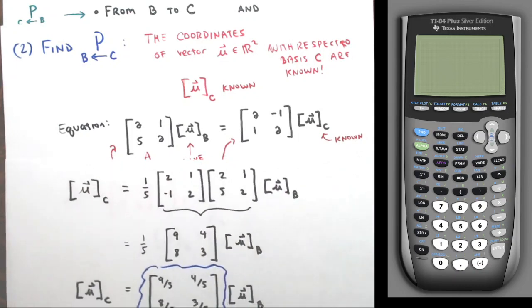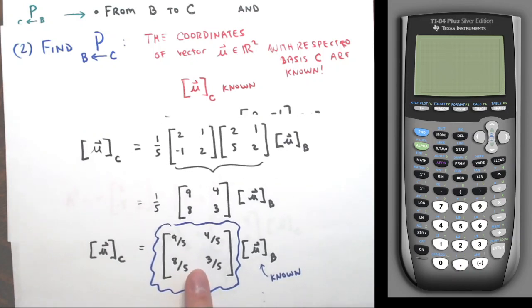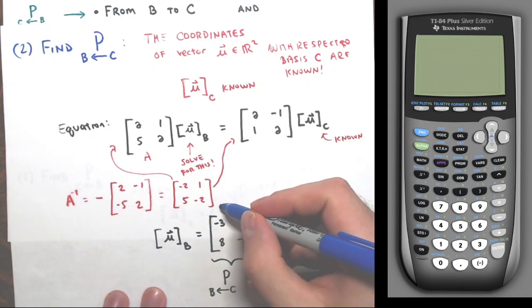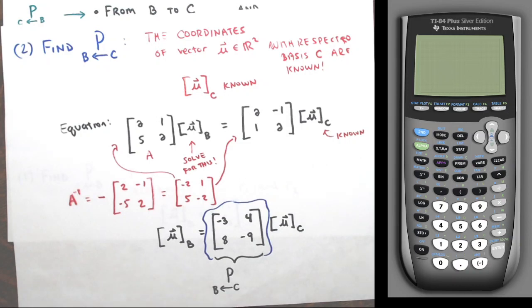Because if I found the inverse of this matrix and multiplied both sides on the left by it, I'd have u_B alone. So the inverse of this matrix would be the transition from C to B, which I'm getting right here. All right, so let's test it. I'll write all these notes about what things are inverses of what after the example's over.